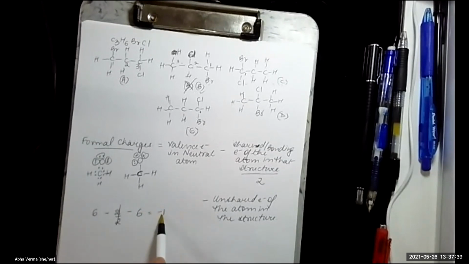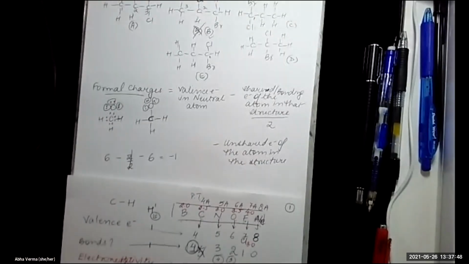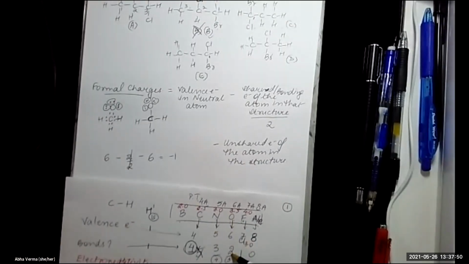Now this is very reasonable. Why is it reasonable? Oxygen, and if I show you our periodic table again, oxygen can make only 2 bonds. Oxygen wants to make 2 bonds, so it will feel complete.